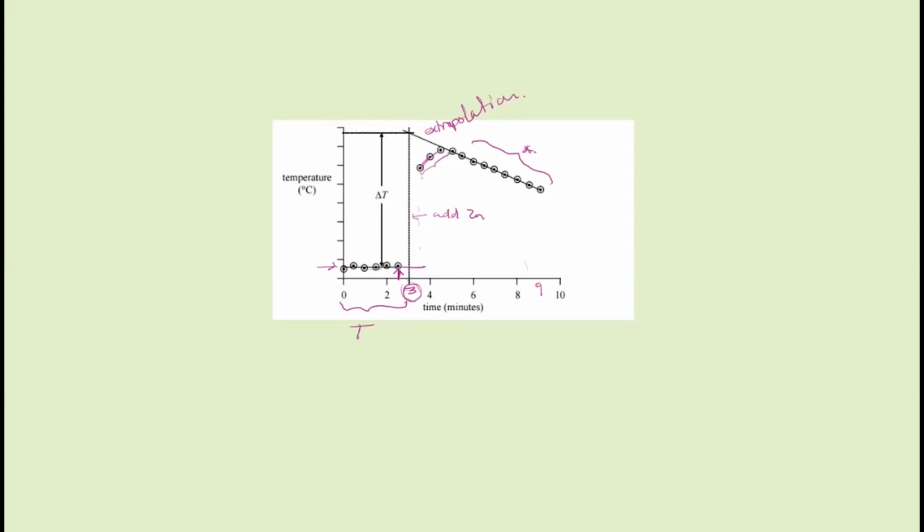Okay, we then add a dotted line, as you can see here, which I'm going to highlight. And the difference between these 2 lines of best fit is our maximum temperature change. So this is our maximum temperature change.